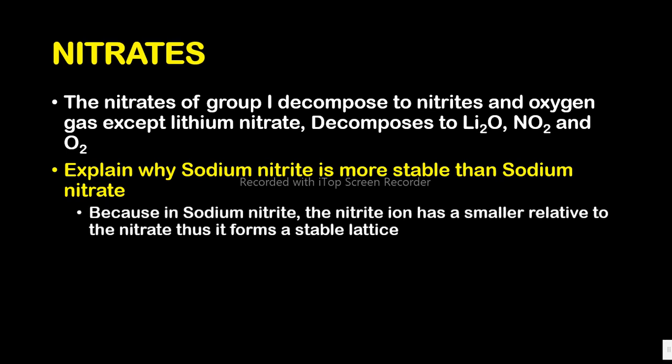The nitrite ion is smaller relative to the nitrate, and thus forms a stable ion. The lattice energy is going to be high, so you relatively need high energy to break the lattice between the nitrite and the sodium. Okay, hence the sodium nitrite becomes more stable compared to the sodium nitrate.